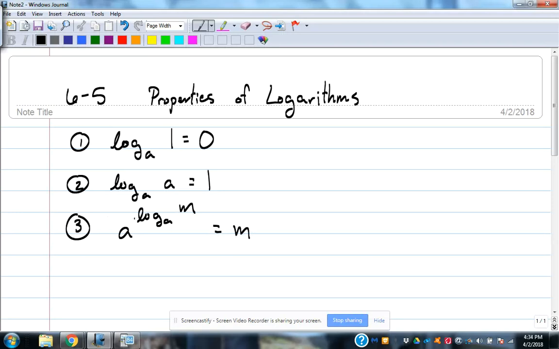That's one we just talked about using to find the inverse. So those are ones we're kind of familiar with. The first property, if we think exponentially, base a to the 0 power, anything with the 0 exponent equals what? 1. So that's why that property's there. Those we don't use a ton when we're talking about properties of logarithms, but they're there, so we kind of need to know them.